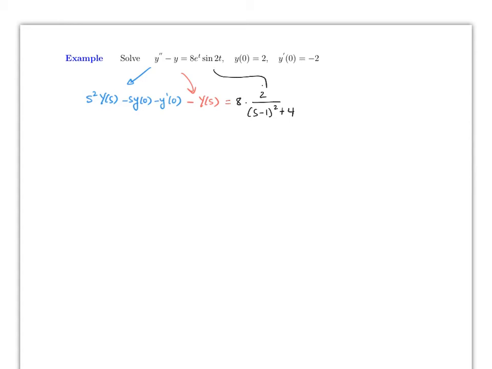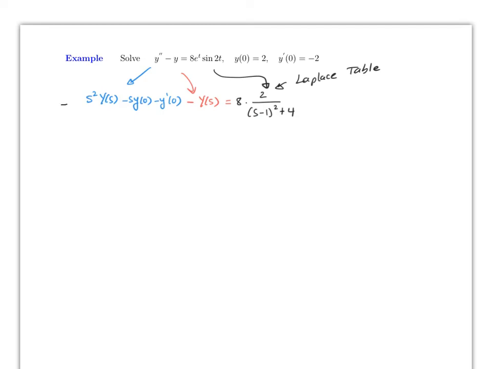So this comes straight from the Laplace table. But notice that this one is shifting by 1 unit to the left. So it's actually shifting to the right. I think I said the wrong thing the previous time. So this is shifting 1 to the right.